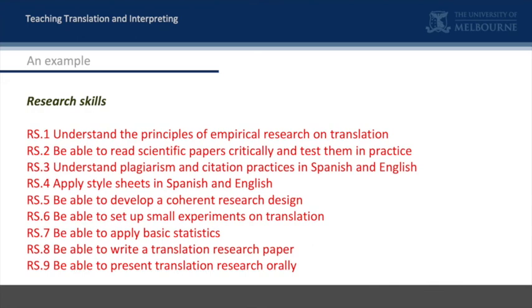Okay, now you'll probably be aware that I don't use many different verbs, basically be able to and understand. And this one we could say be able to apply style sheets, okay? So I'm probably not very good at it.